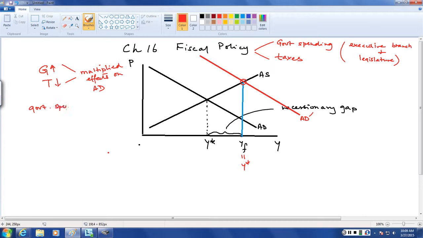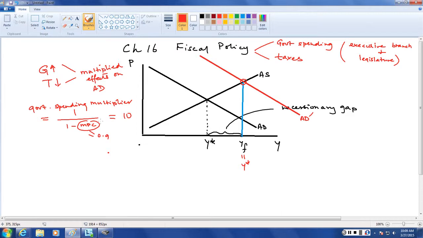The government spending multiplier, according to our theory in chapter 14, is equal to 1 divided by 1 minus the MPC, precisely. And if you work with an MPC of, say, 0.9, this will give you a value of 10. Is that right? If the MPC were equal to 0.9, then the whole thing would be equal to 10, which is to say that a $1 increase in government spending causes a $10 increase in aggregate demand.